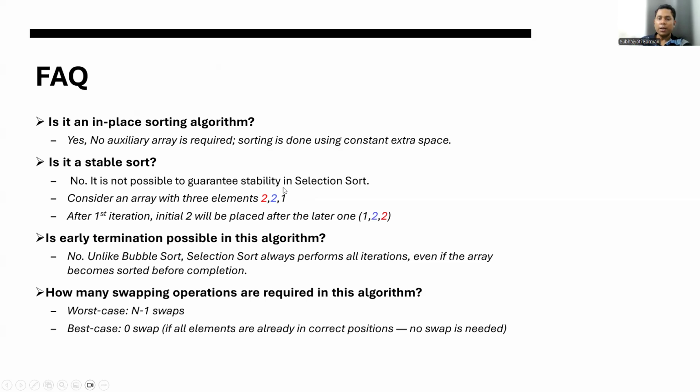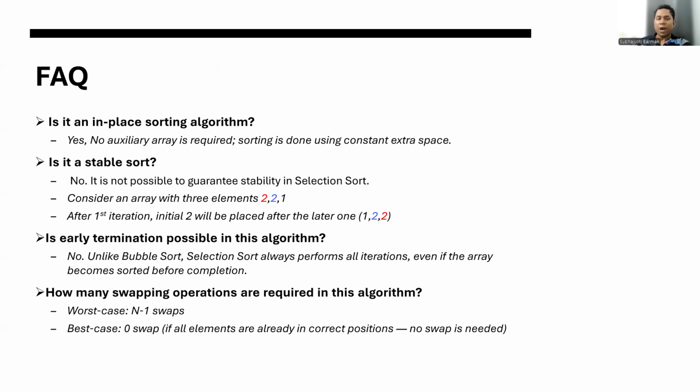My min index will point to the minimum element, that is 1. So this will be swapped with the first element. So this red 2 will get swapped with my 1. So in this case, we are not able to preserve the relative order between identical elements. So that's why this is not a stable algorithm.